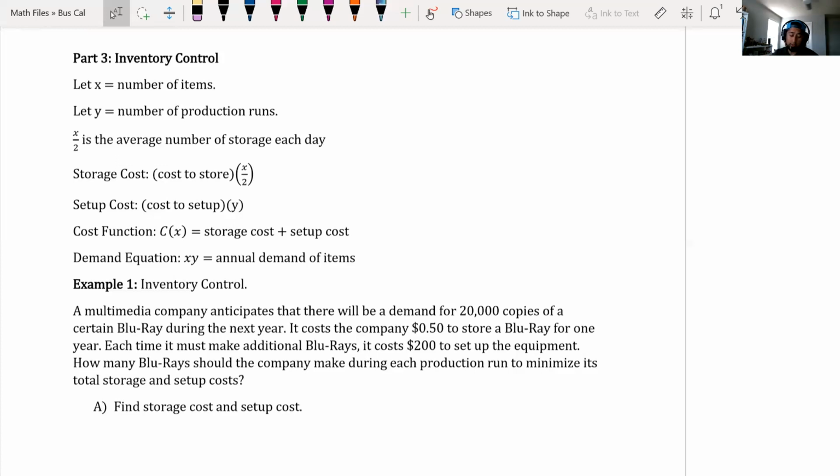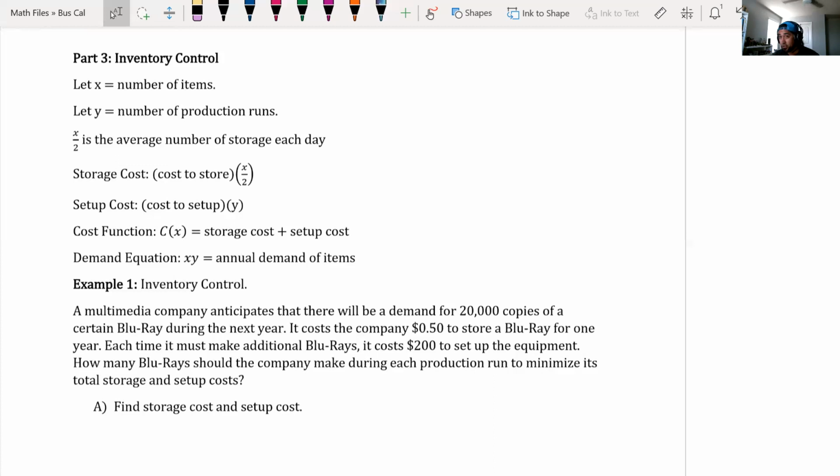Now, when finding inventory control, we have a storage cost. The formula for storage cost is the cost to store an item times X over 2, the average number of storage each day. Setup cost is the cost to set up times Y, the number of production runs.